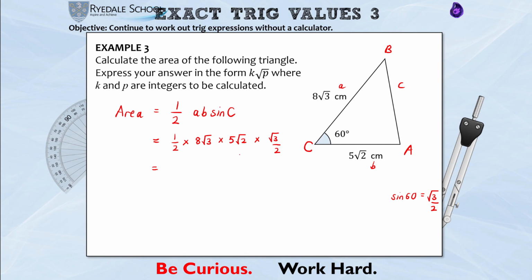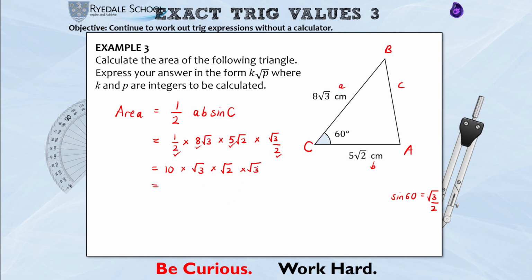So that is 10. So that has dealt with the half, the 8, the 5, and the other half from the root 3 over 2. We still have a times root 3. We still have a times root 2. And we still have a times root 3.